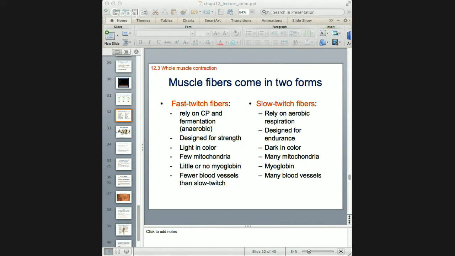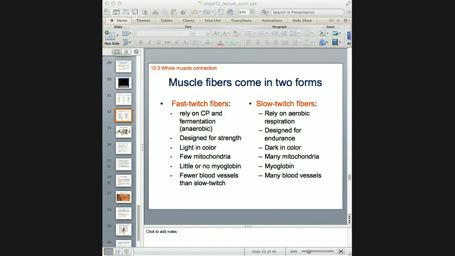These rely on cellular respiration in order to make the ATP that's necessary. And it's showing you the difference. Some other differences, for example, in color: the fast twitch are lighter, the slow twitch are darker. The fast twitch are designed for strength, while the slow twitch is designed for endurance. Fast twitch has few mitochondria, and mitochondria is the site of cellular respiration.